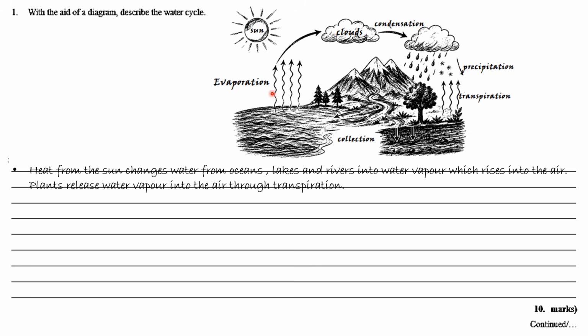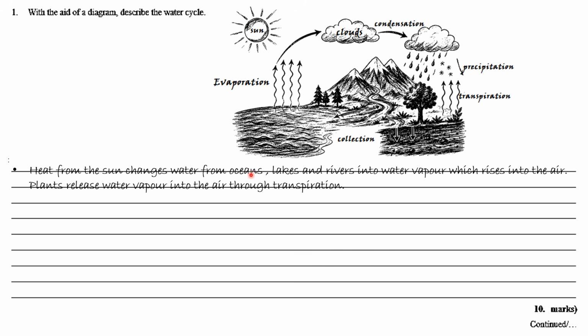All right, so we have made reference to 2 processes so far, evaporation and transpiration. Heat from the sun changes water from the oceans. This water body here is just a general picture, which can be oceans, lakes, and rivers.